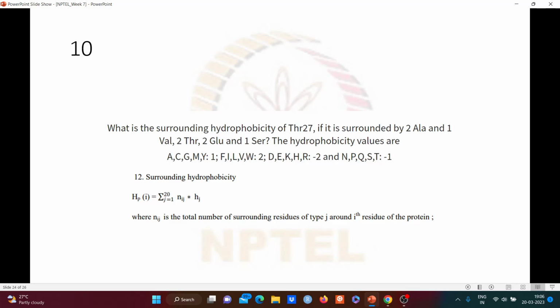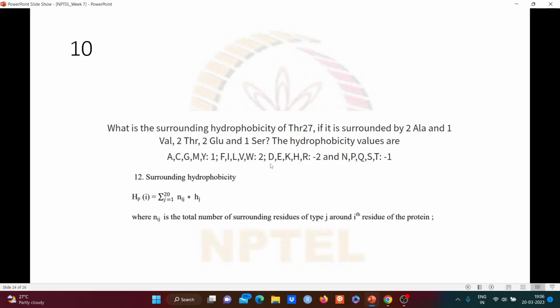Here when you take residue 327, it is surrounded by two alanines. So according to the formula, let's divide them. Two alanines, so 2 into the hydrophobicity value of alanine. According to the given value here, it is 1. So 2 into 1 is the hydrophobicity value added by alanines. Next we take valine.